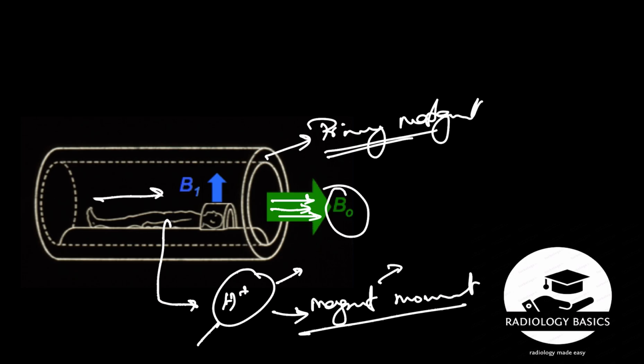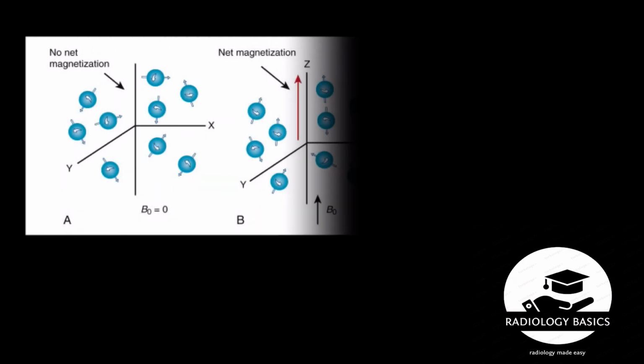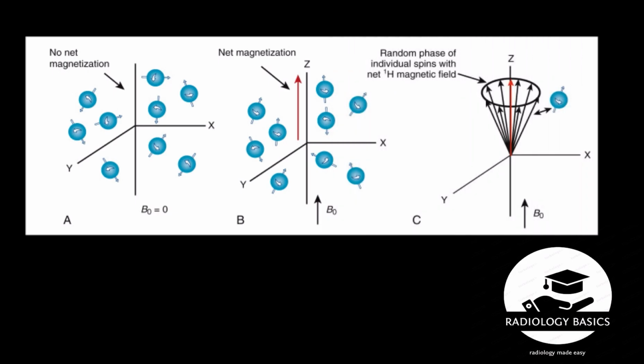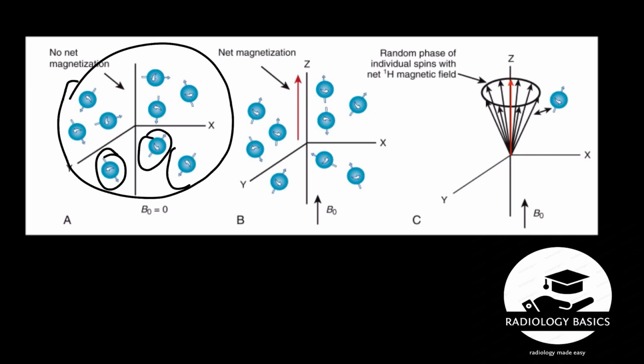That's the gyromagnetic property. It wobbles on its own axis. Because of this B0, it affects these small magnets, the small H plus magnets, and they will be aligned along the axis of the B0. Here we can see the human body consists of multiple H plus, which are wobbling on their own axes in different directions.